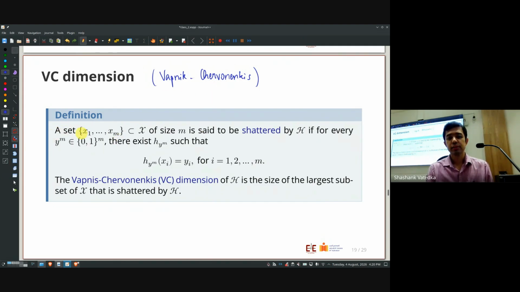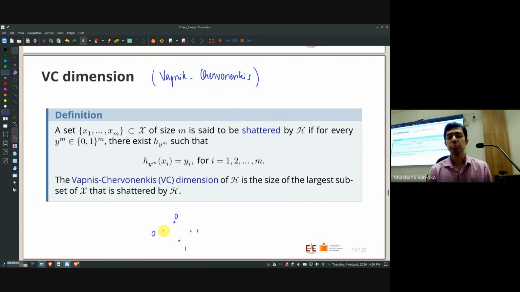So we say that a set of, say, m points is said to be shattered by the hypothesis class if for every labeling I can find a predictor h such that that predictor gives me that particular labeling for all of these m points. So I have m possible points, let's say 4 possible points. Let's say I label these 0, 1, 1, 0.